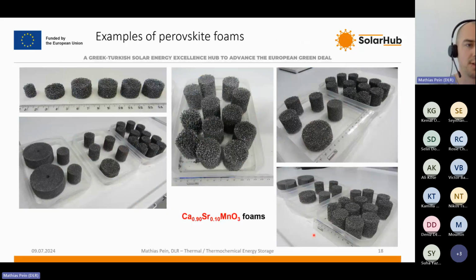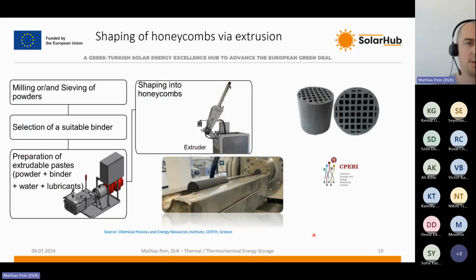And with that, we were quite successful in producing different shapes, different sizes, different porosity levels out of these perovskite materials, and a few of these examples you see on screen.